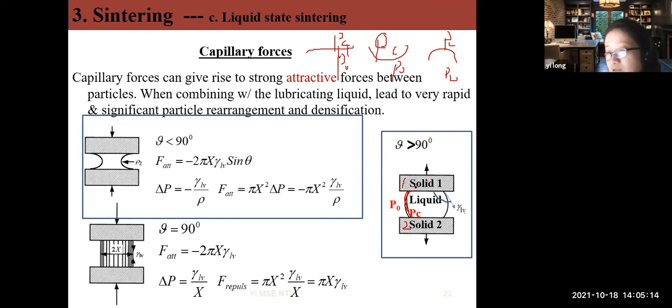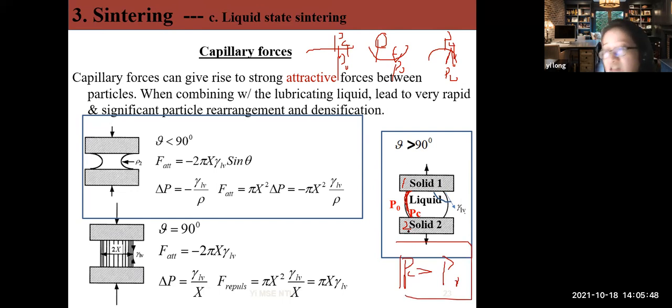But if something like this, obviously PC is larger than P naught, otherwise you won't have such curvature. And for this case, P naught is larger than PC, so you can cause this curvature. So this is another way for you to understand. Obviously when theta is larger than 90 degrees, PC is larger than P naught.